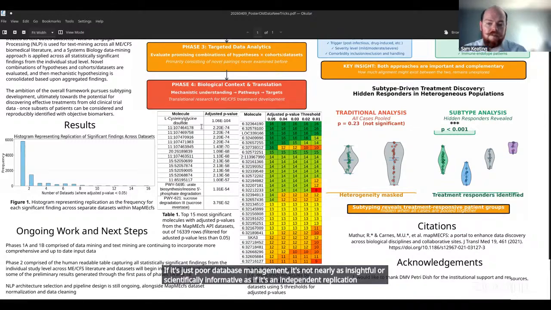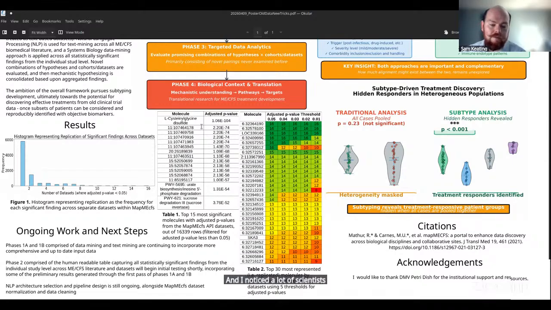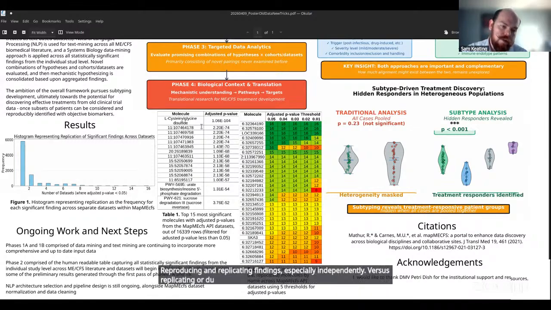And I notice a lot of scientists don't tend to slow down and acknowledge the important distinction between replication in terms of reproducing and replicating findings, especially independently, versus replicating or duplicating effort.